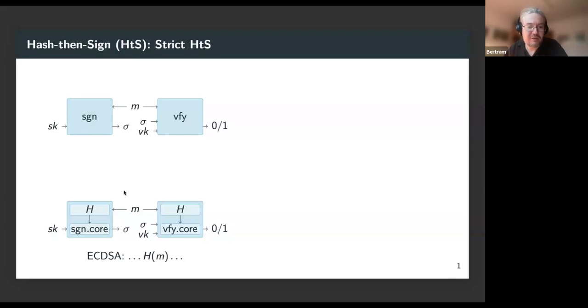Then only the hash value goes into a signing core, and that's where the number theory sits. That's where your RSA is, or your elliptic curves, or your lattices, or your code-based system, or whatever. So this is a way to construct signature schemes, but that's only one of the major two classes.